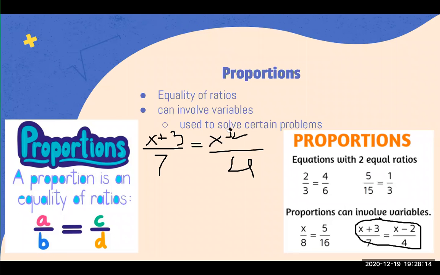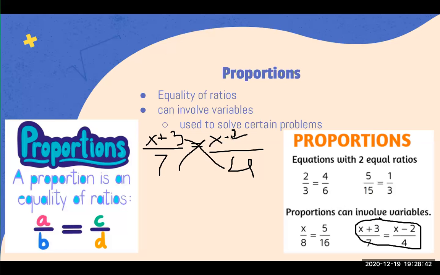I'm sorry if my handwriting looks really bad, it's because I'm writing with a mouse. That's a 2, and that's an x. So how can we solve this? There's one way we can solve it called cross multiplication. If you have two fractions on both sides of an equation, you can multiply like this and like this.